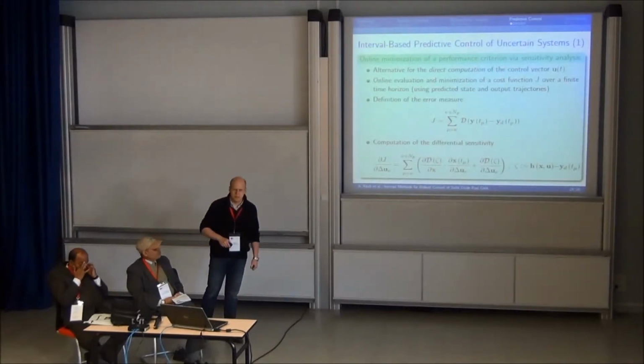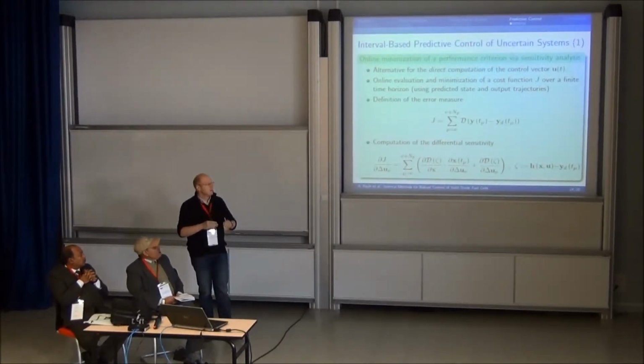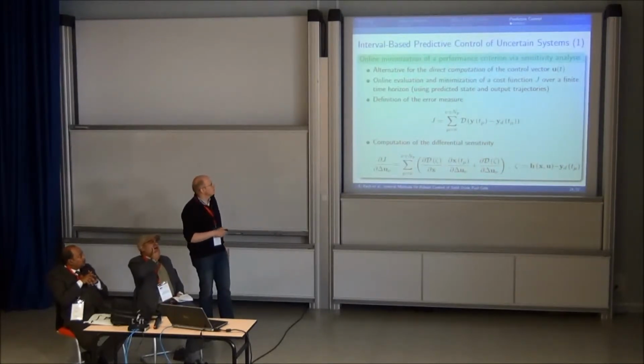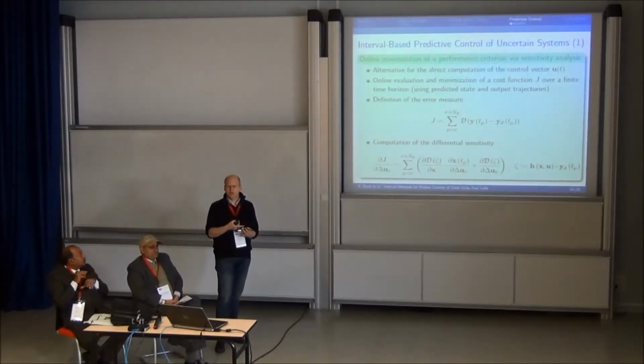Now, there's one problem. We have guaranteed contraction towards the desired operating range of the system, but what we didn't do is calculate this optimality criterion simultaneously with the stabilization of the system dynamics.